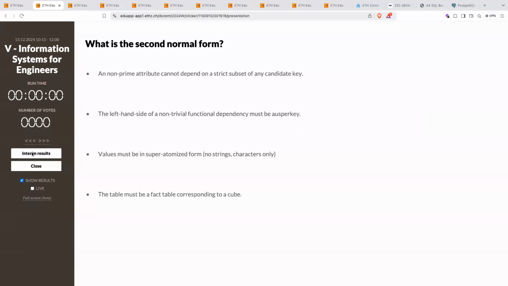Maybe a harder one. What is the second normal form? A non-prime attribute cannot depend on a strict subset of any candidate key. The left-hand side of a non-trivial functional dependency must be a super key. Values must be in super atomized form, no strings, characters only. Or the table must be a fact table corresponding to a cube. Which one is the second normal form?